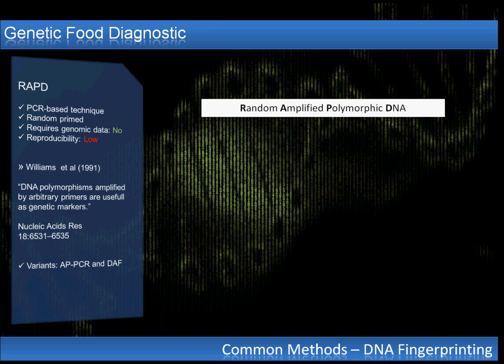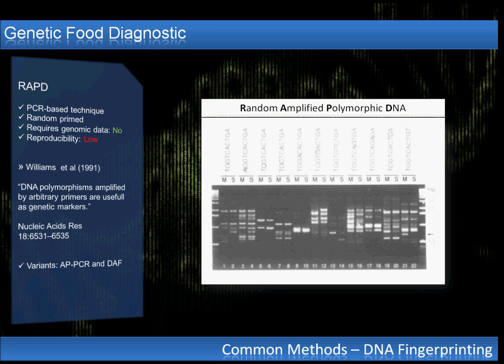The third and last method is random amplified polymorphic DNA. In this case you just use short primers and make a PCR reaction with one primer. You generate a fragment pattern again by amplifying certain fragments that are bordered by the sequence of the primer, and it is a rather bad method to make authentication because it's not good to reproduce the results.